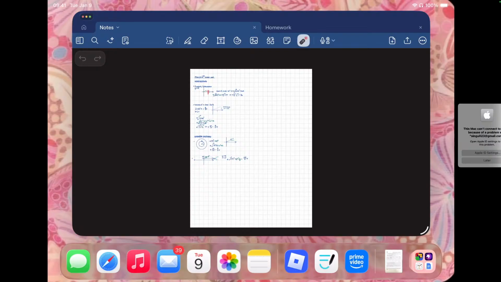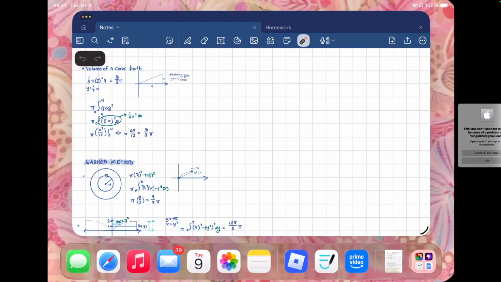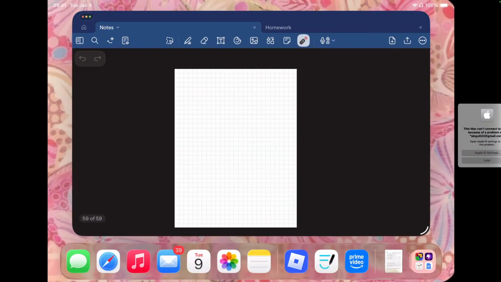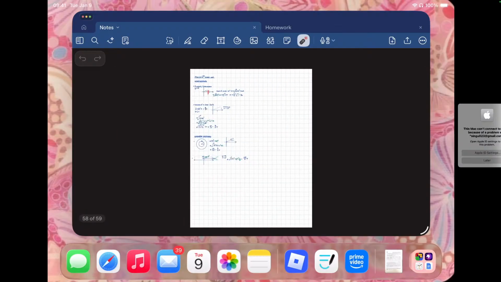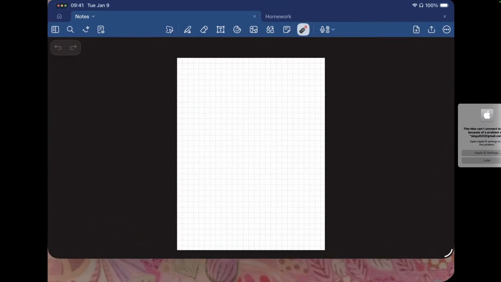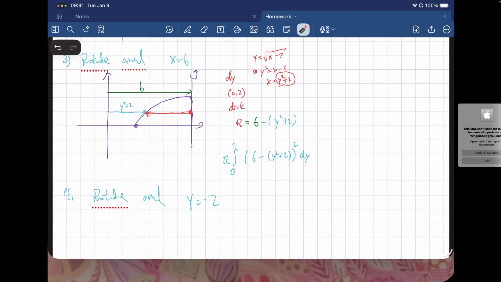Oh, that is completely where all my confusion came from. You know what a washer looks like?